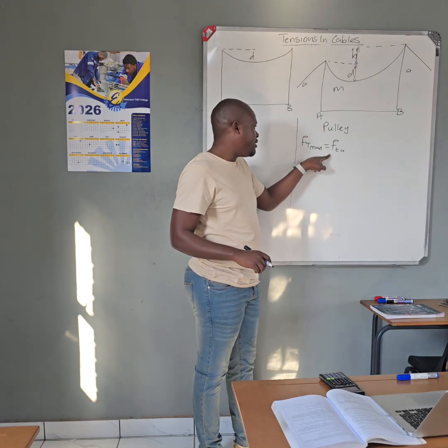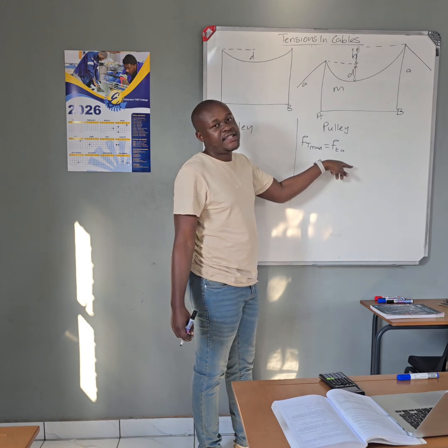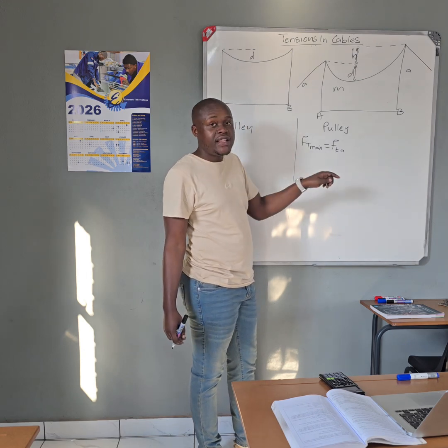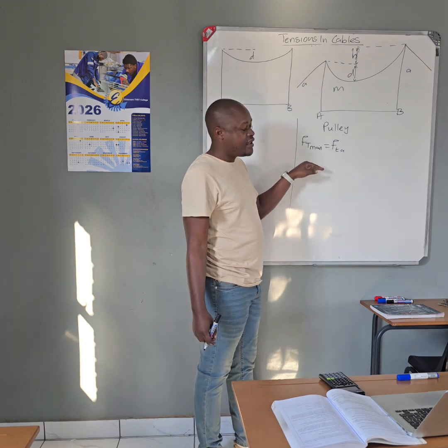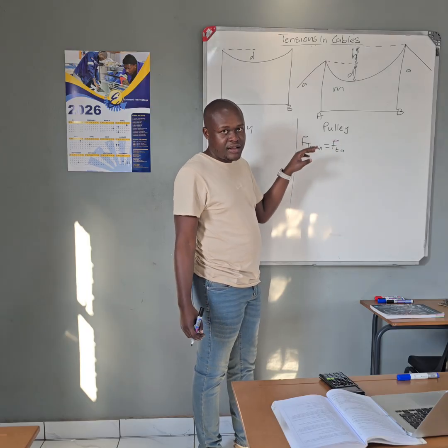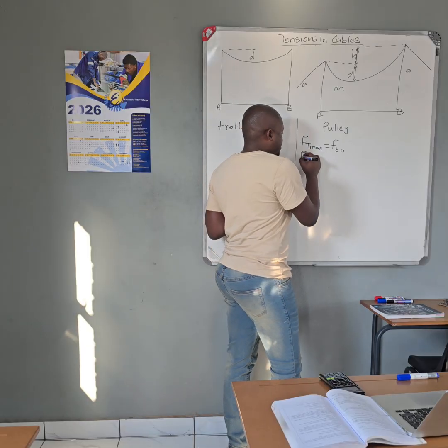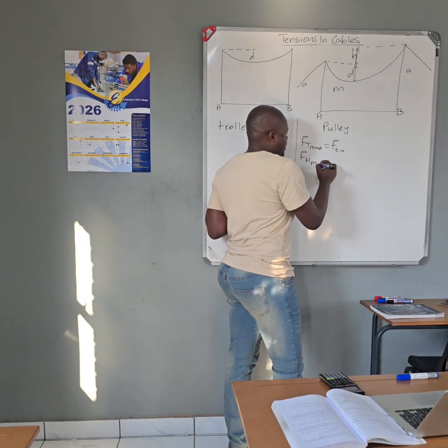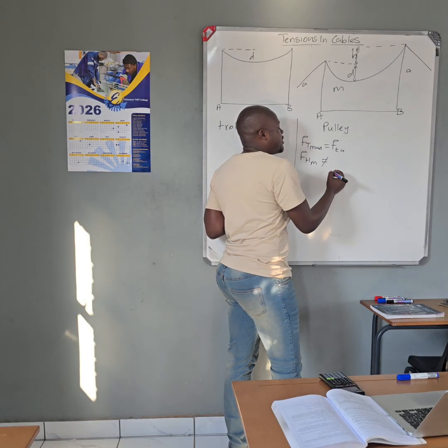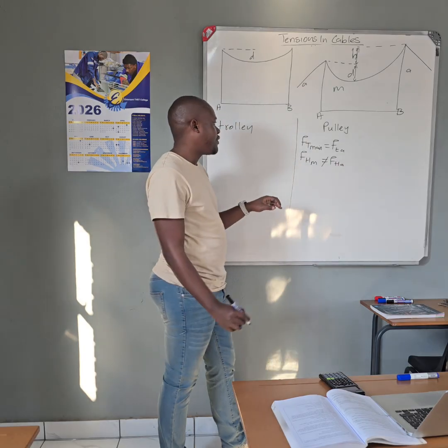FT main, or FTM, is going to be equal to FTA, only if it's a pulley. You will see how this comes into play. Meaning that FH of your main cable is no longer equal to FH of your anchor cable.